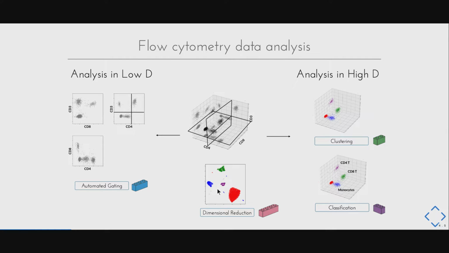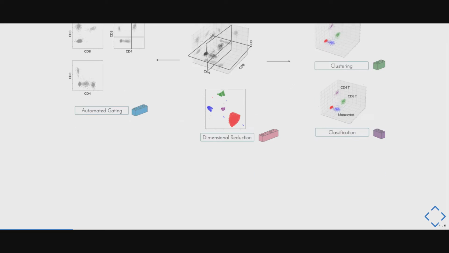It projects or reconstructs the high-dimensional data into a low-dimensional space, usually a 2D space. Using our 3D color flow example, the algorithm will reduce the 3D data into a 2D plane here. Once we reduce this to 2D, we can apply traditional gating on this dimension reduction plot. I'll use the following couple of slides to go over these algorithms one by one.